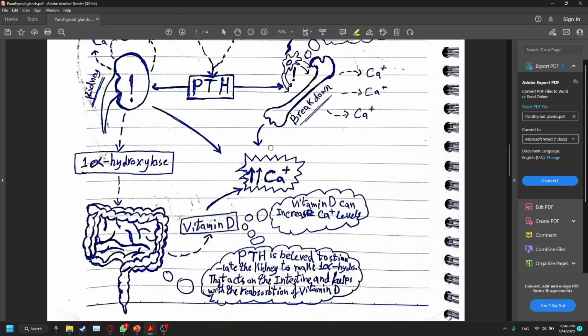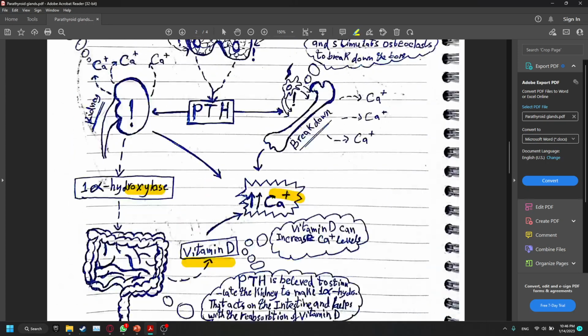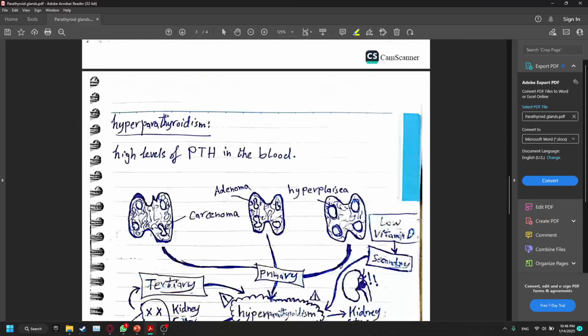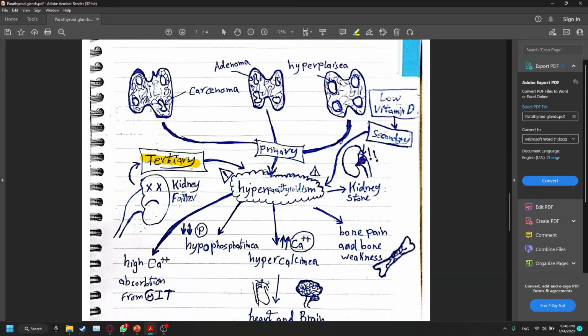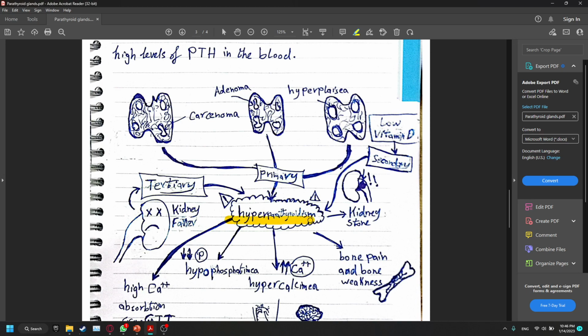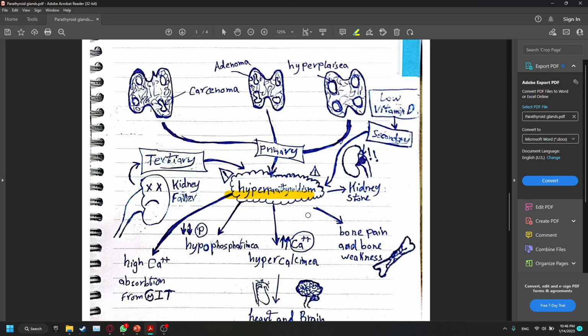See, one, two, three. When it's three steps, it's a tertiary cause for hyperparathyroidism. Thus, kidney failure can cause hyperparathyroidism.